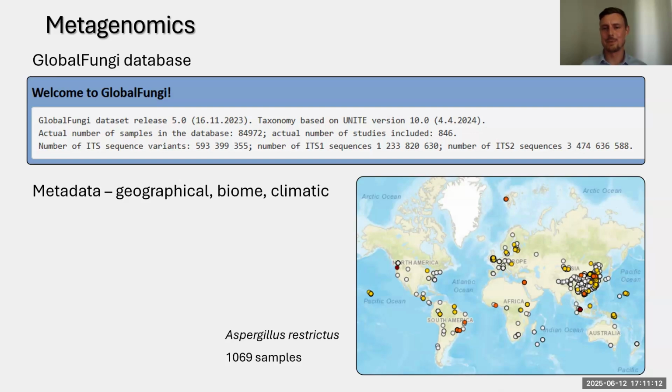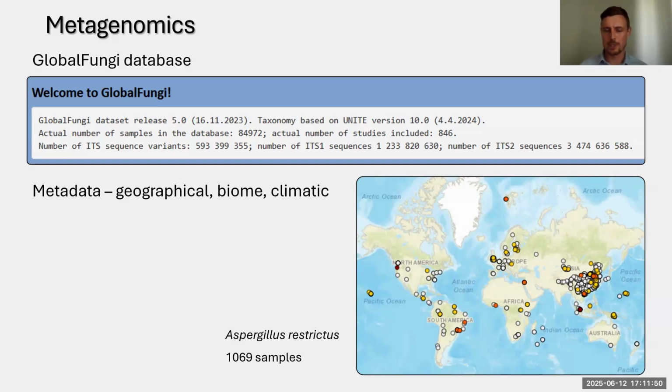There is this very interesting resource called the Global Fungi database, which is using a large number of metagenomic studies, and this is directly influencing the issue with the limited or problematic sampling of fungi.